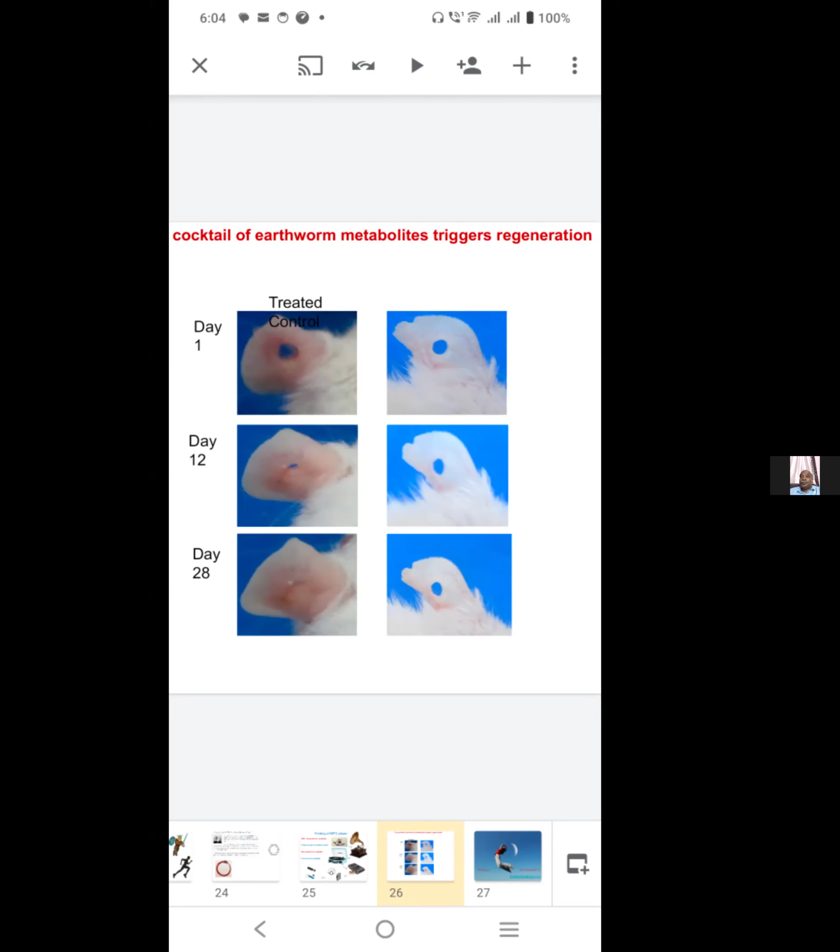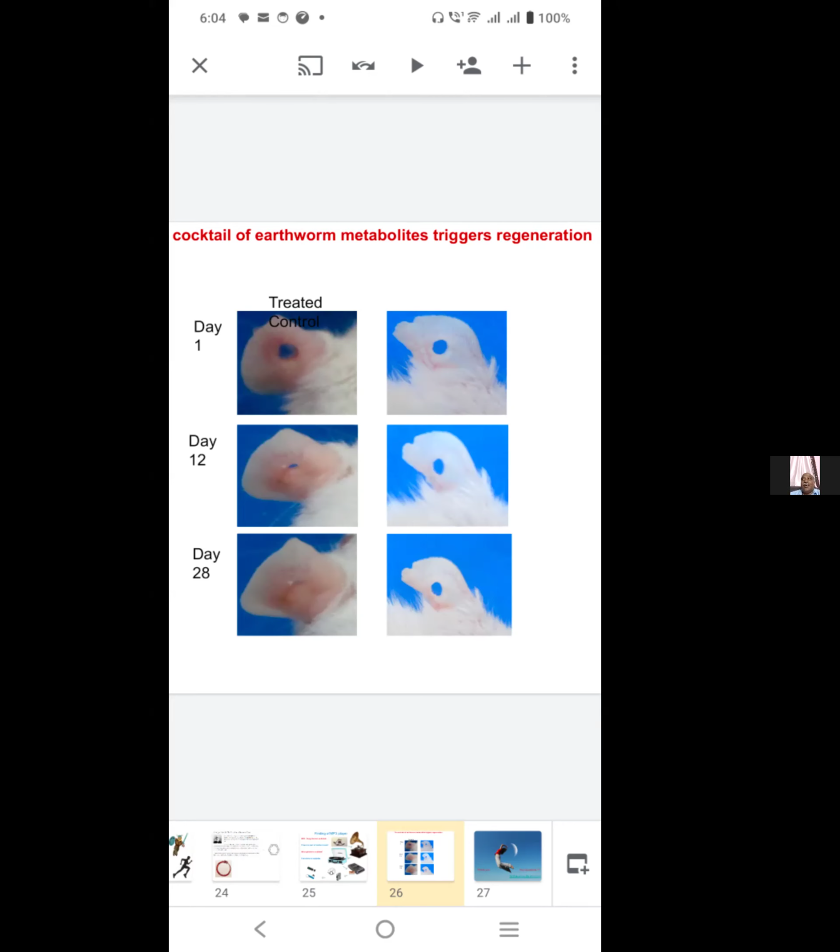We have listed more than 3,000 metabolites, and based on molecular weight, we have annotated them. Then we tested the biological property of the metabolites using mouse as a model.